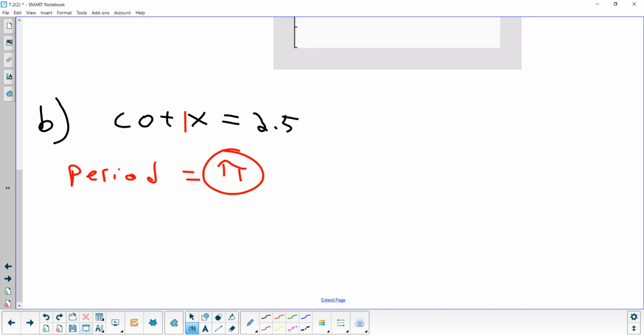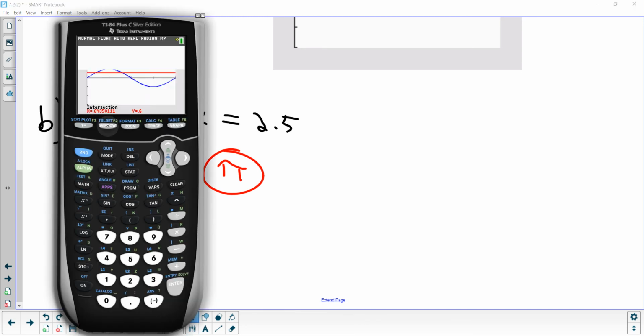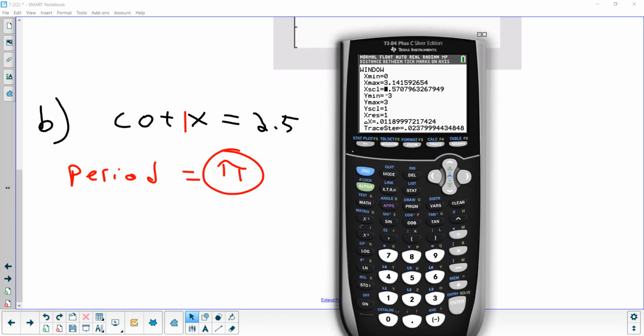All right, so if I leave my window like that, I'm going to see 2 cycles of cotangent. Don't need to look at 2 cycles. All I need to see is 1 cycle, because beyond that, it's just going to be a repeat. So let's just go 0 to pi. Does anybody remember what the range is on cotangent?